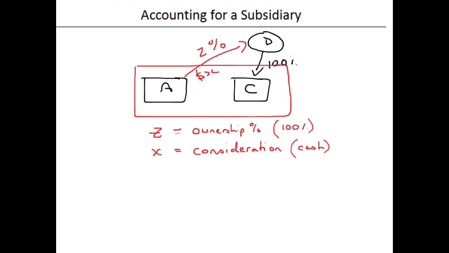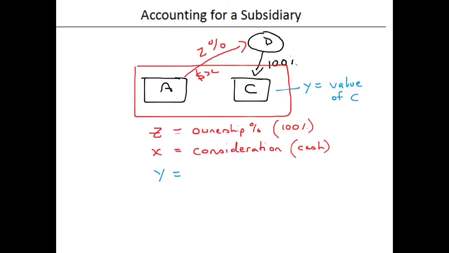Now, one last piece of the puzzle, and we haven't talked about that yet, is Y. And Y is, in effect, the value of C. How much is C worth at the time that A took control?